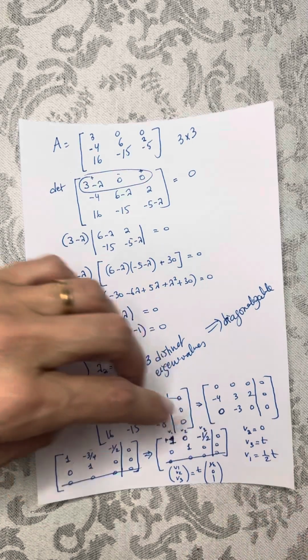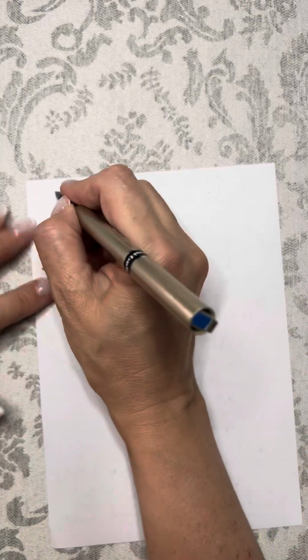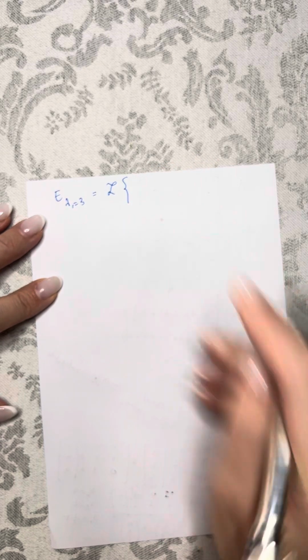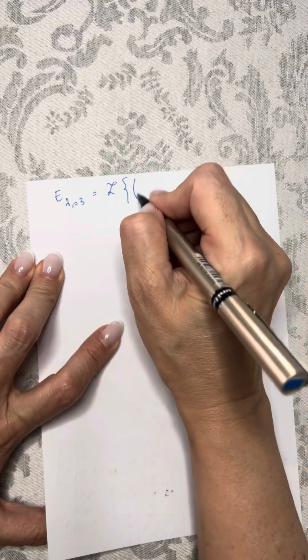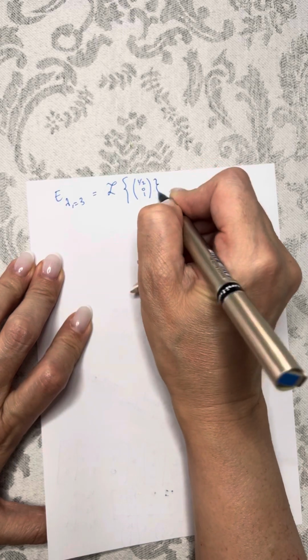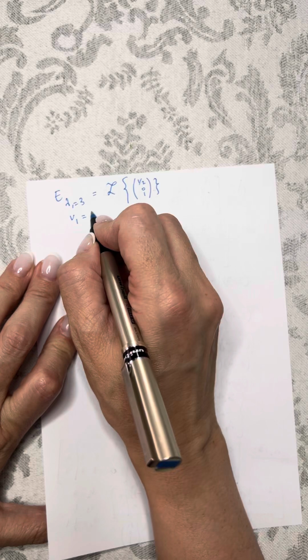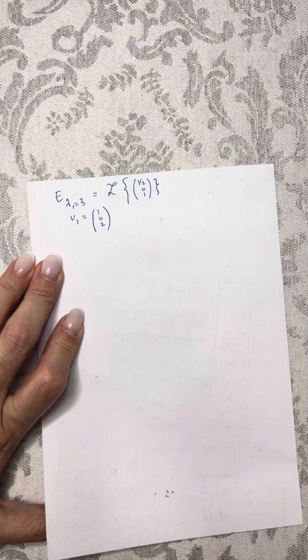And so the eigenspace of lambda 1 equals 3 is the span of half, 0, 1. And so one eigenvector representative would be half, 0, 1, or if you want to get rid of fractions, it can be 1, 0, 2.